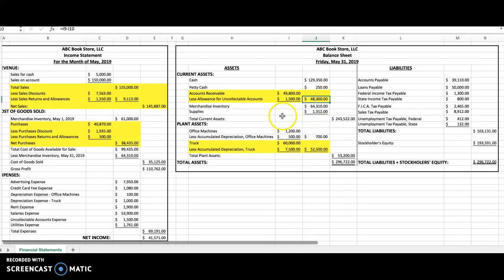And this $48,300 represents the truer amount of money that we expect to get. And if you follow it through, that impacts total assets, and that will impact total current assets, and it will impact the bottom line as well.